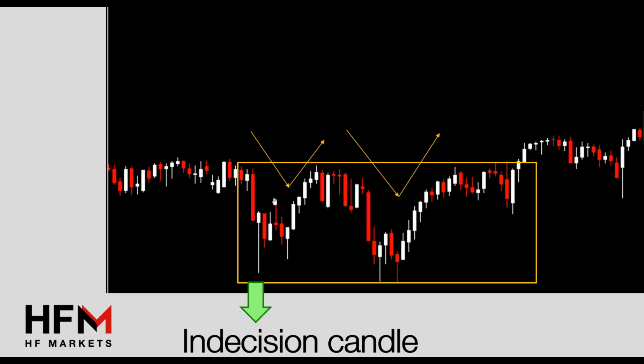So preceding trend, in this case it was down, indecision on a support or resistance level, in this case support, and then reversal. So we have a rebound. The same stands here: preceding trend, indecision at the resistance area, and then finally reversal. The same: preceding trend, indecision at the support area, and then reversal.